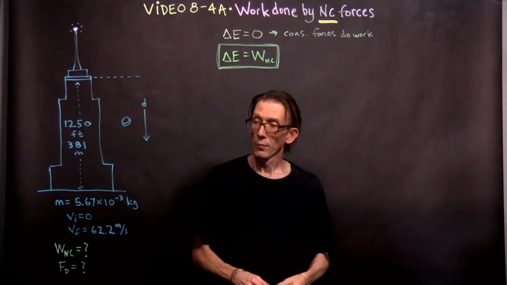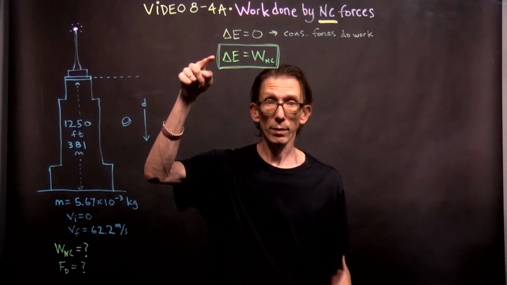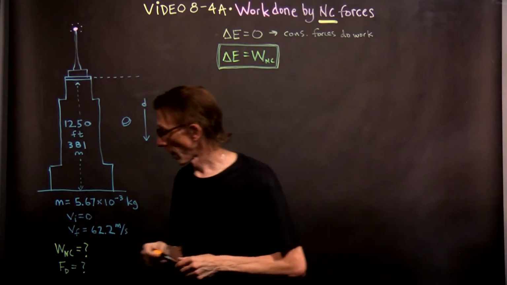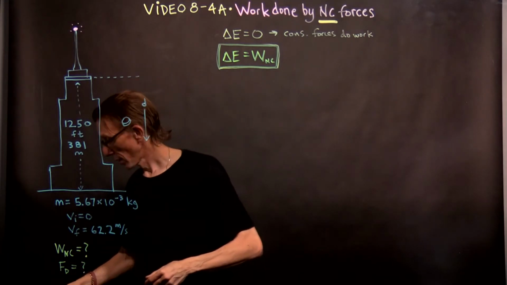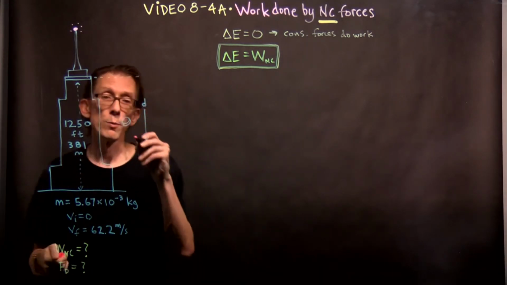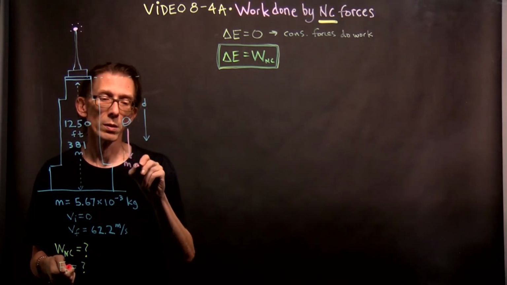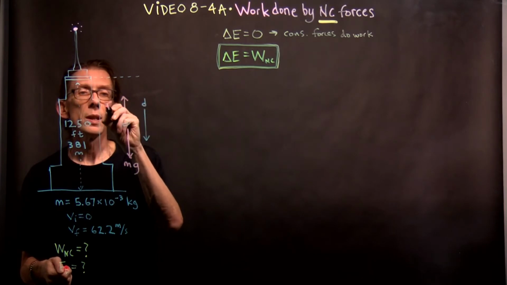Okay. So in order to do this, we're going to use this expression here. But we first need to draw a free body diagram. So let's see. What are the forces? Well, mg downward, right? Gravity is always trusty. And then there's going to be F sub d.